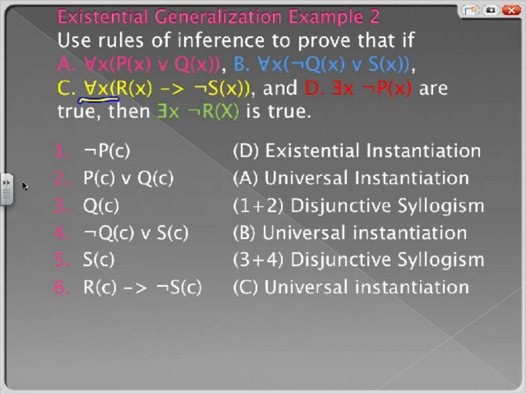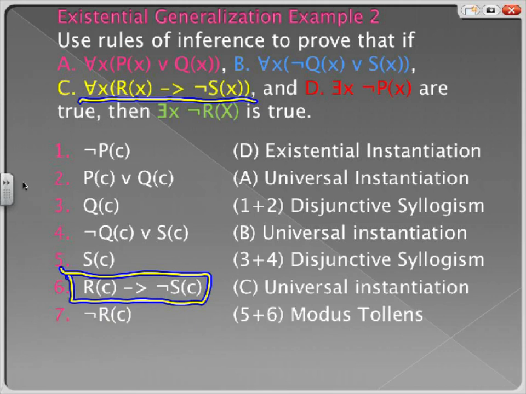Now, finally, we take our C premise, and also, because all x make this statement true, we replace x with c and say that if R of c, then not S of c in universal instantiation.